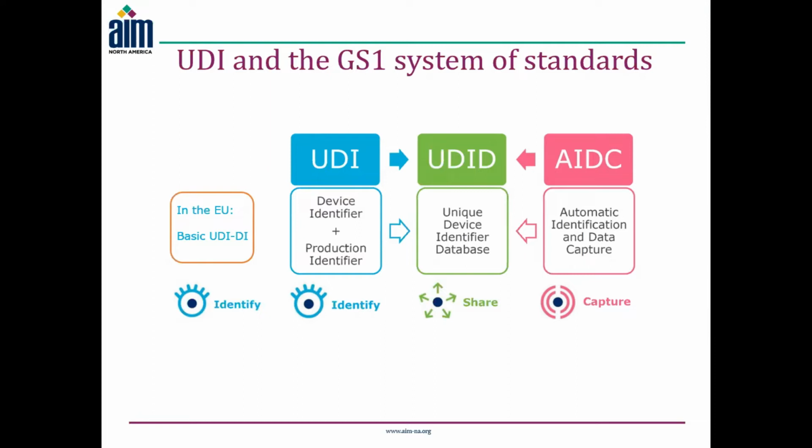Then on the left-hand side, with the European Union, you have something called Basic UDI-DI, which is unique to Europe. And it is used across the UDI-MED series of modules that they have in the UDI-MED platform to group device identifiers, GTINs in our world, that are part of the same family.